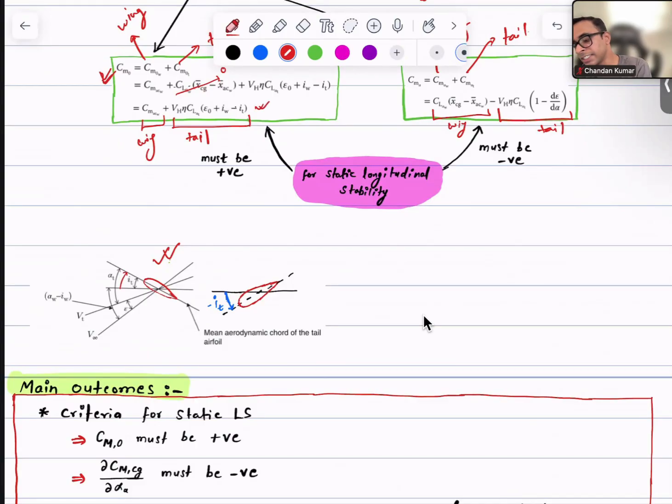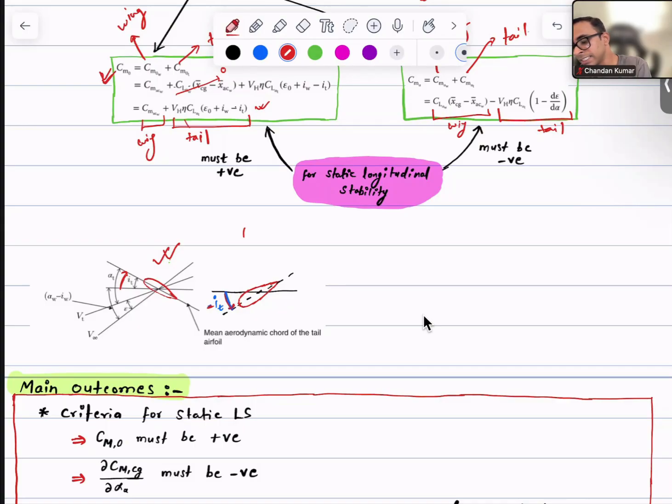So if our iT is going to be very large, it is going to make this second term negative. So what if, rather than assuming this as the positive direction of the tail incidence angle, we use this iT in this form considering it negative? So this negative over here and this negative will multiply with each other and it will make this term positive, right?